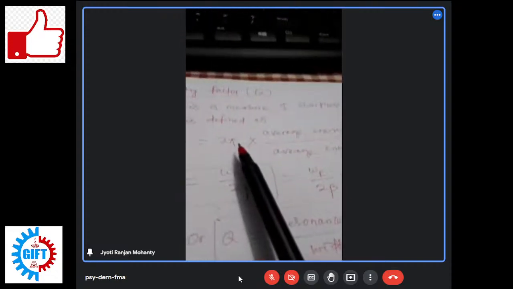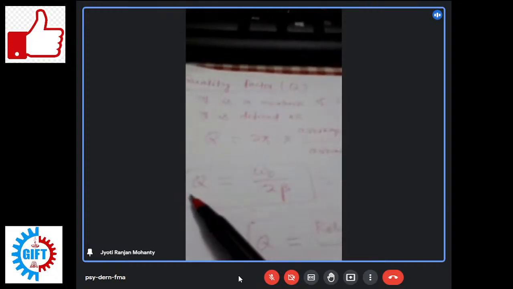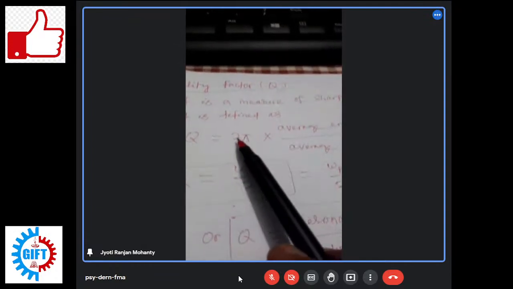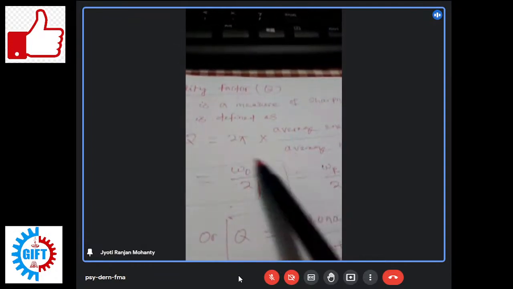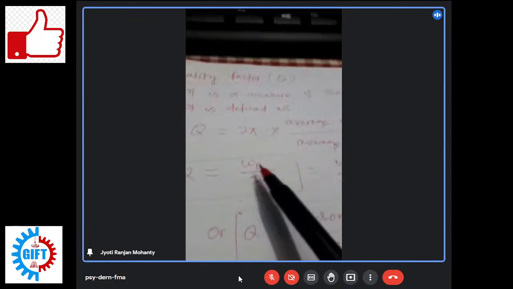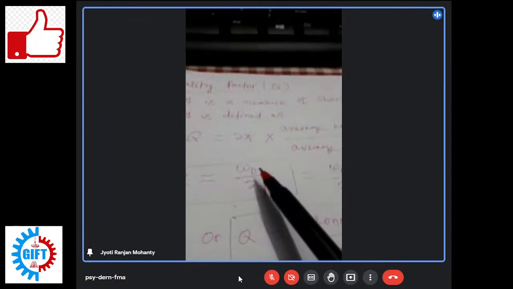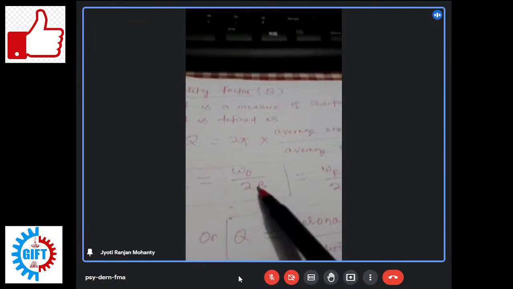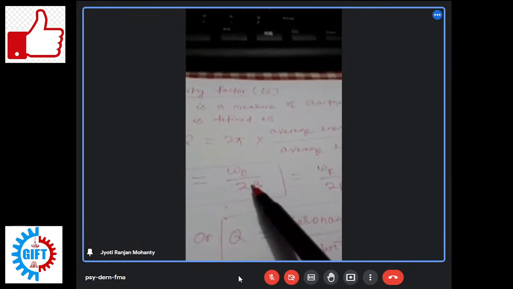So derivation is not required. After doing the derivation, you can find Q is equal to omega naught divided by 2 beta.